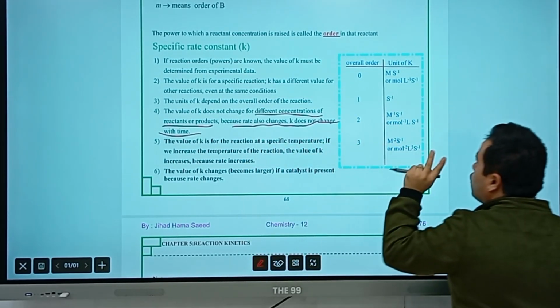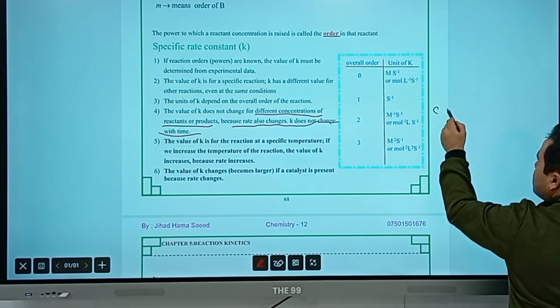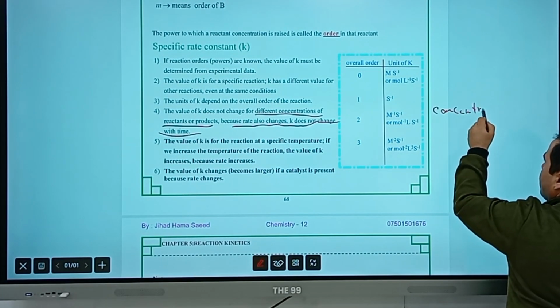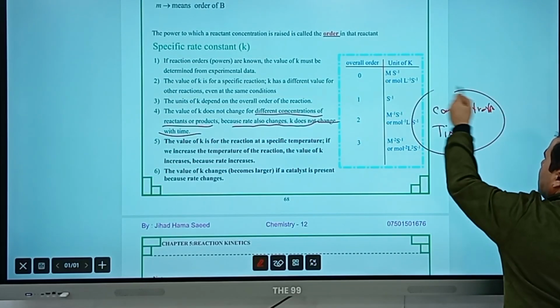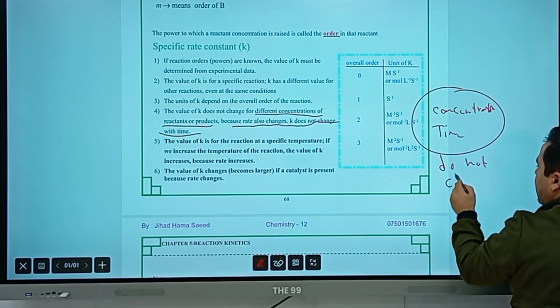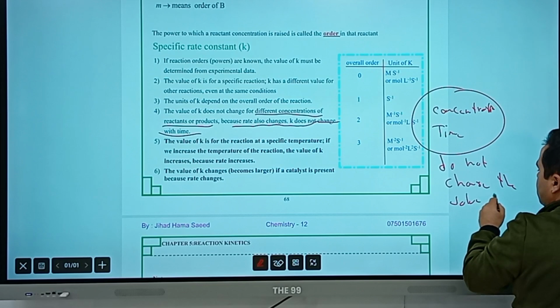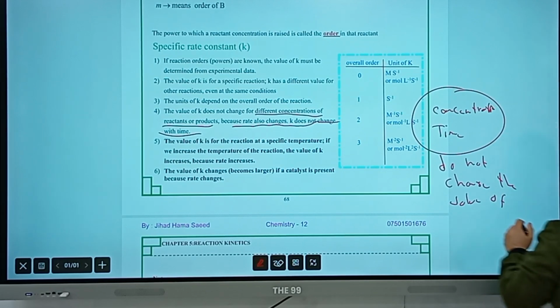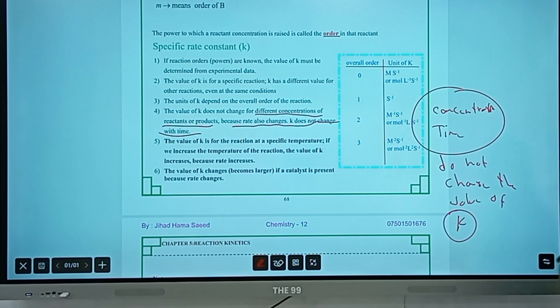There are two quantities we may guess change the rate, concentration and time, but they do not change the value of K.